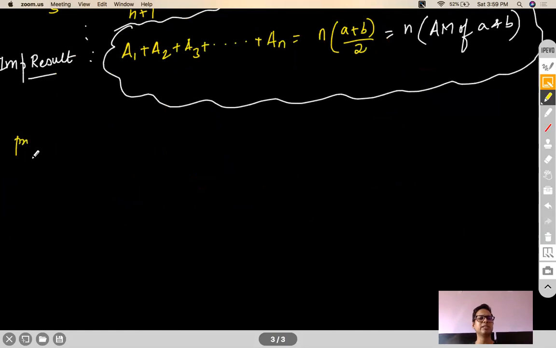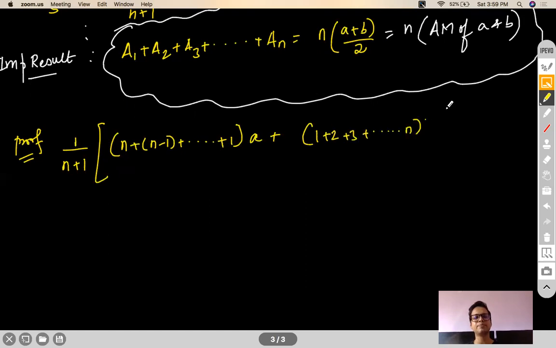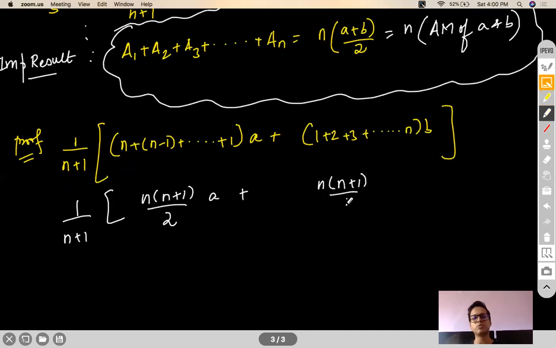The proof is, we take 1 by n plus 1 out. So it will be n plus n minus 1 all the way till 1 times A, and again 1 plus 2 plus 3 all the way till n times B. So we all know that this is going to be n into n plus 1 by 2 times A, and this is also n into n plus 1 by 2 times B. This n plus 1 cancels out.